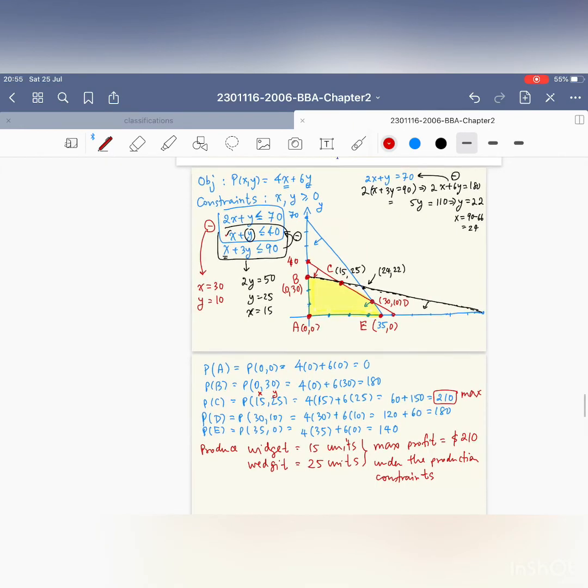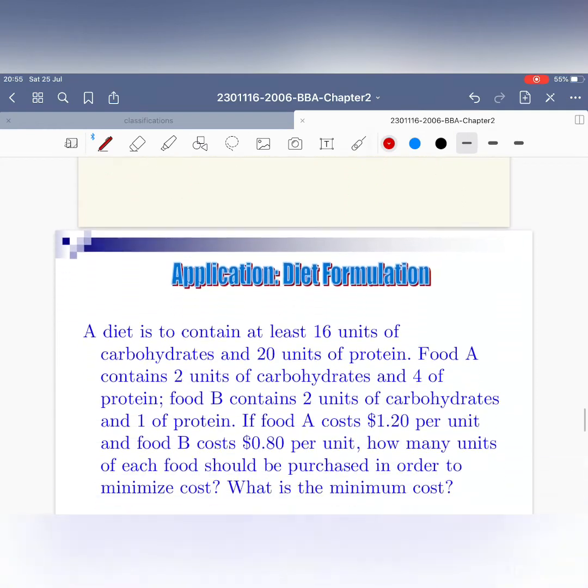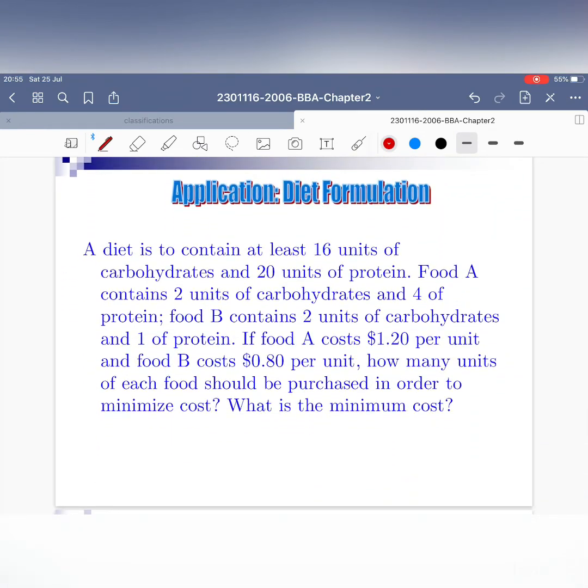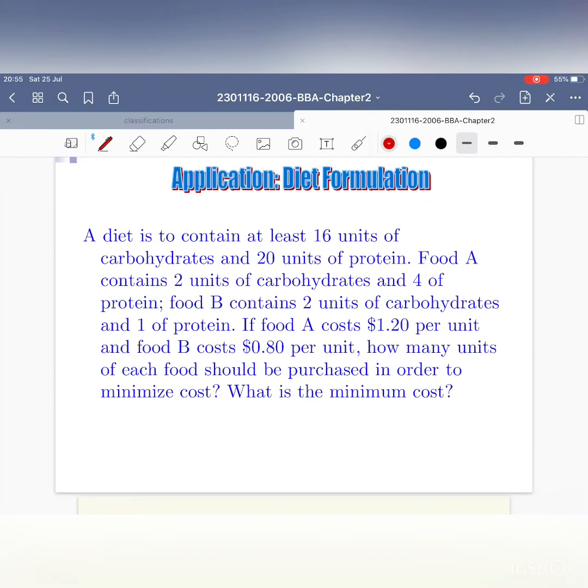Okay, so let's look at another example. This one is about diet formulation. A diet is to contain at least 16 units of carbohydrate and 20 units of protein. So this is one of the conditions.